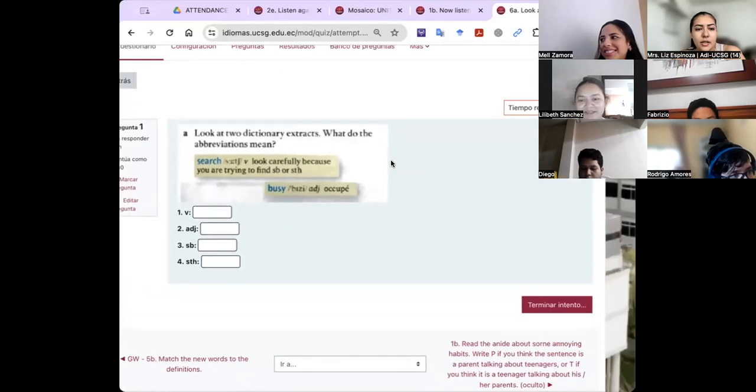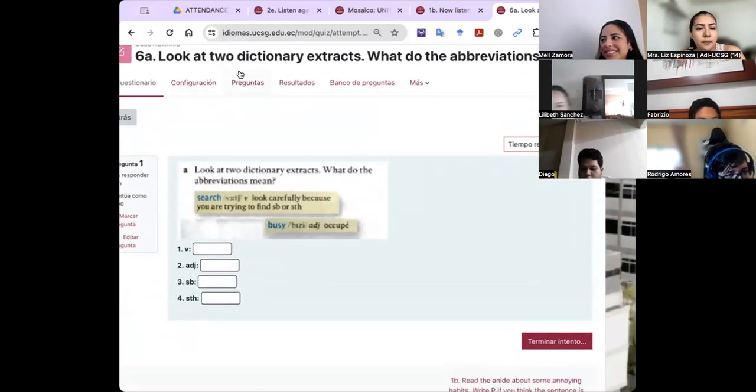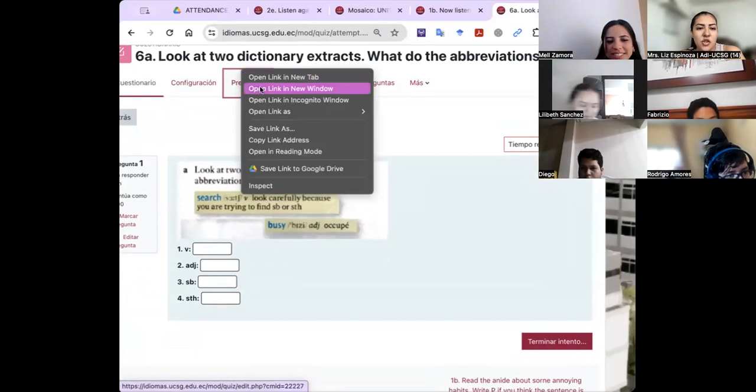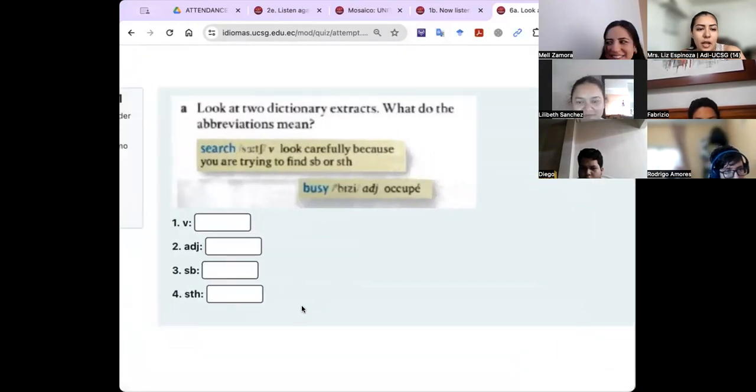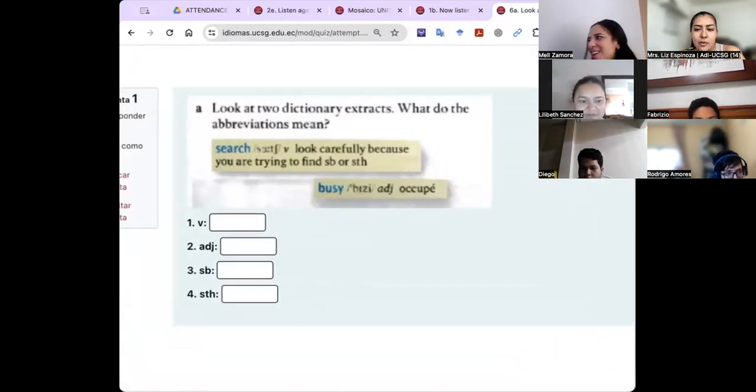In this case, it says, what do these abbreviations mean? Okay, so let's try to see. We have V, ADJ, SB, STH. So the meaning of the first abbreviation that we can find in the dictionary, what's that?